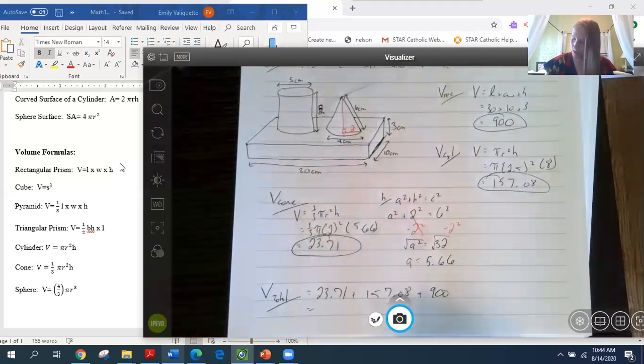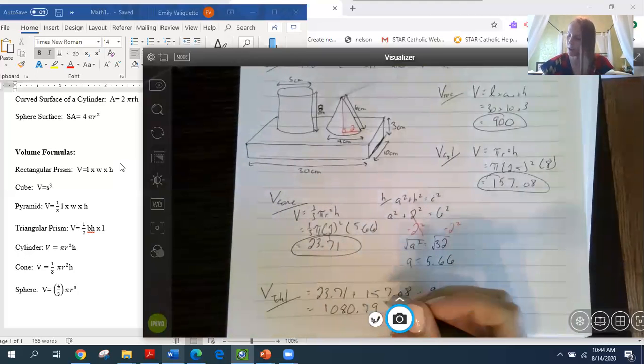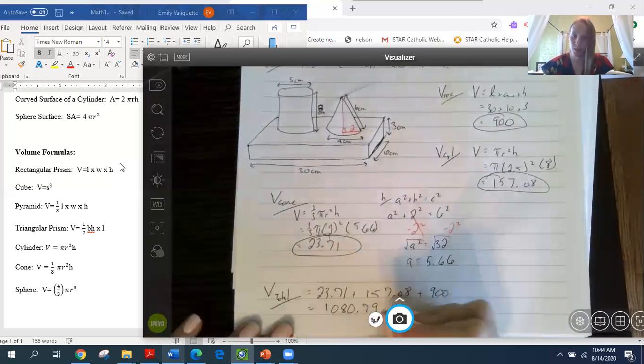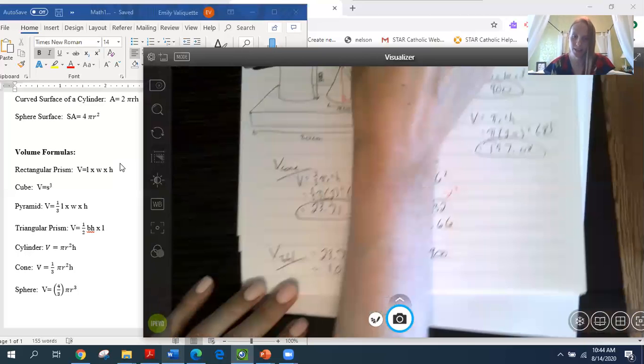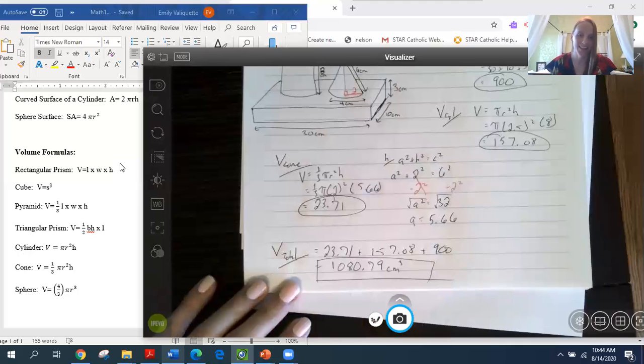Which is 1080.79, and volume is always units cubed, so it will be centimeters cubed. That's your final answer. Okay, so only like 5 steps really, including adding it all together.